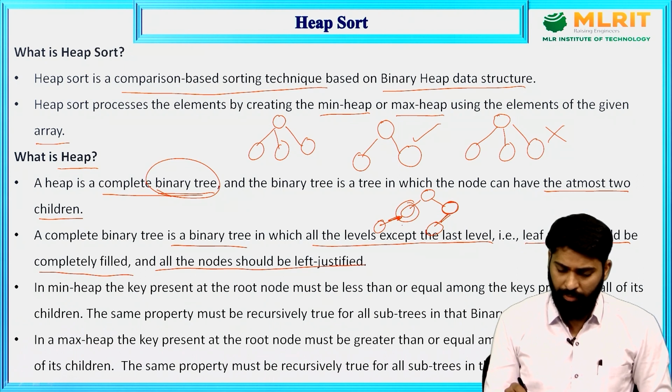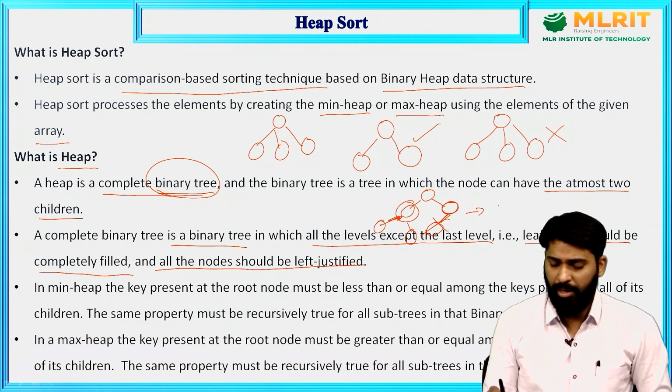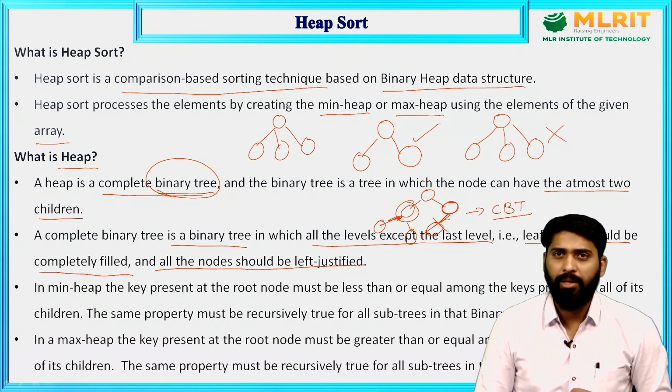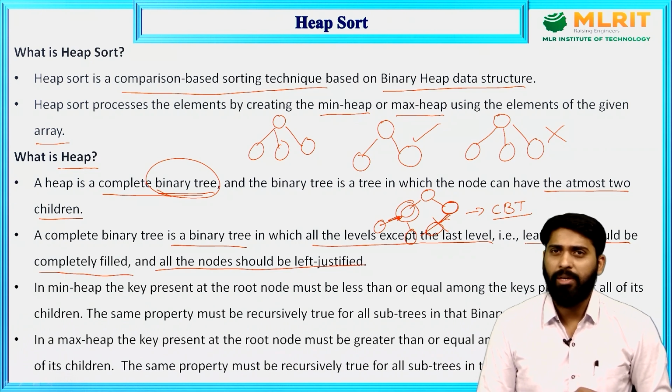If it is like this, then we call this a complete binary tree. I hope you all understand. In the next unit we are going to discuss complete binary trees in detail.